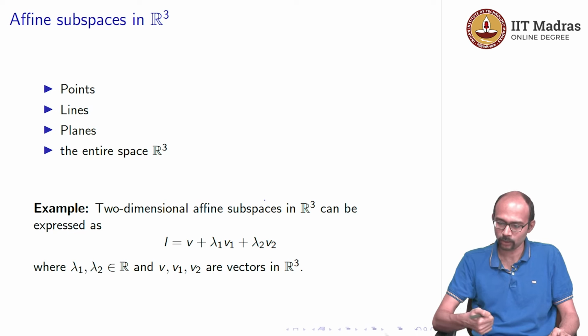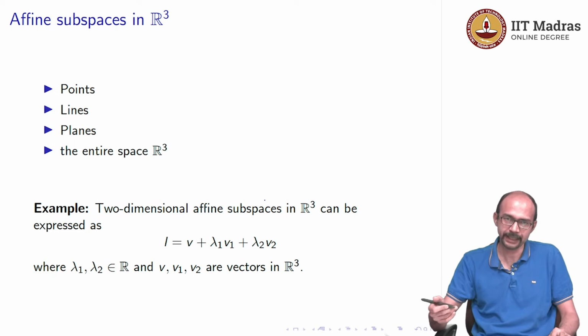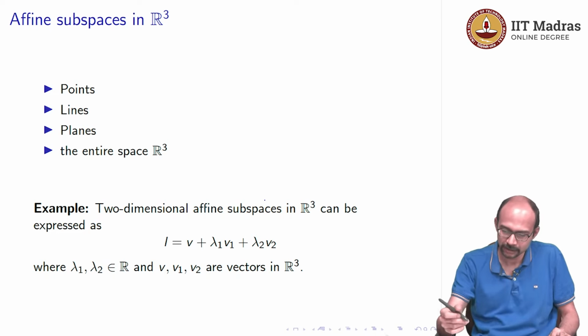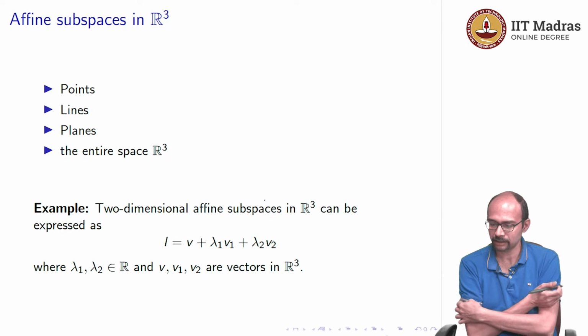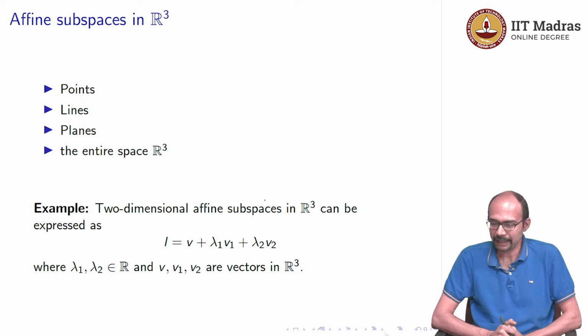Let's also write down how any two-dimensional affine subspace in R3 can be expressed. Two-dimensional affine subspace means a plane, right, because it's two-dimensional, you are translating a plane. Then it can be written as L is V plus lambda 1 V 1 plus lambda 2 V 2, where the lambdas are in R and V 1 and V 2 are vectors in R 3.